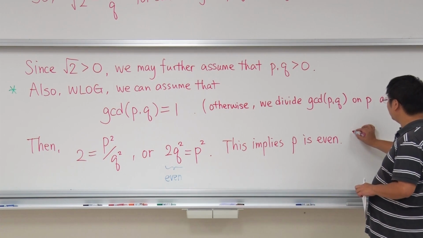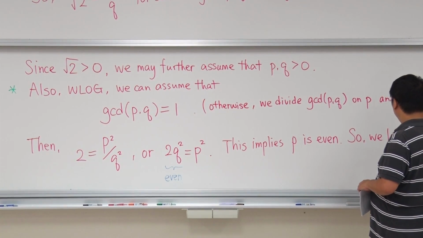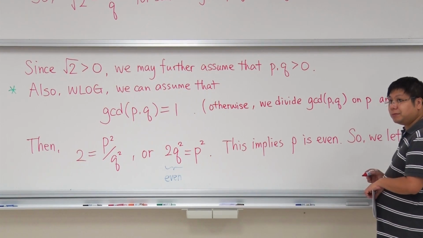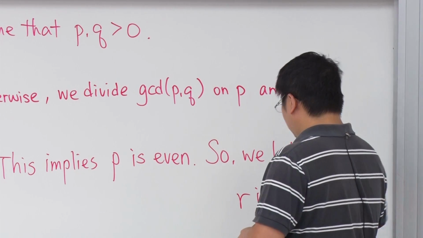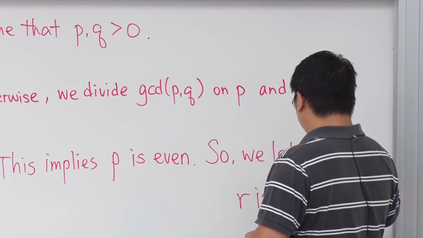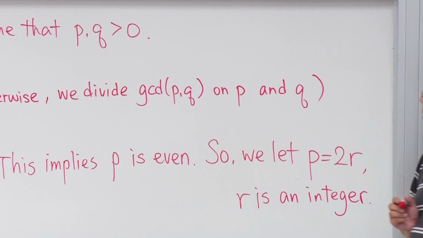So, okay, we let p be equal to 2 times some r, where r is an integer, let's say any integer. So p is equal to 2r.